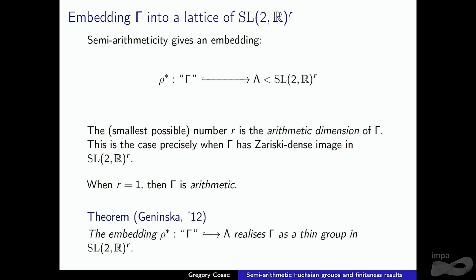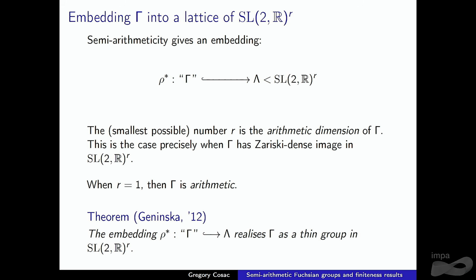They end up giving you an embedding of your group gamma, your semi-arithmetic group gamma, into this Lie group here, this algebraic group, a product of several copies of SL2R.